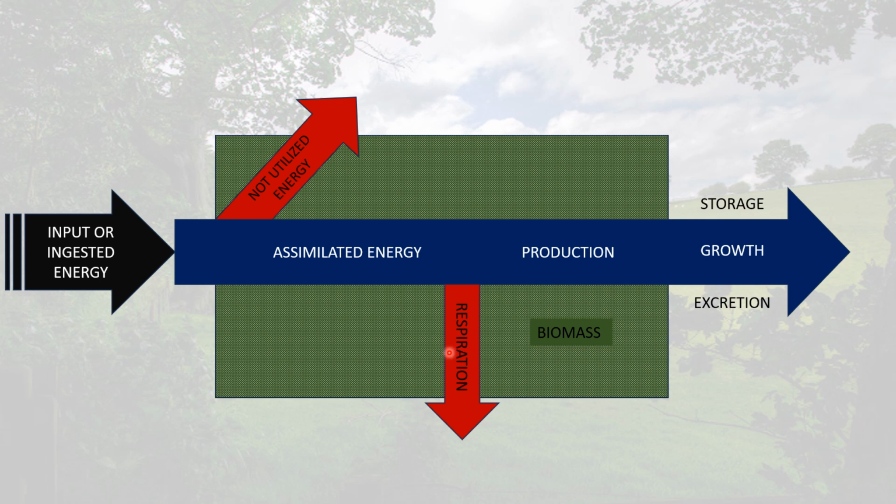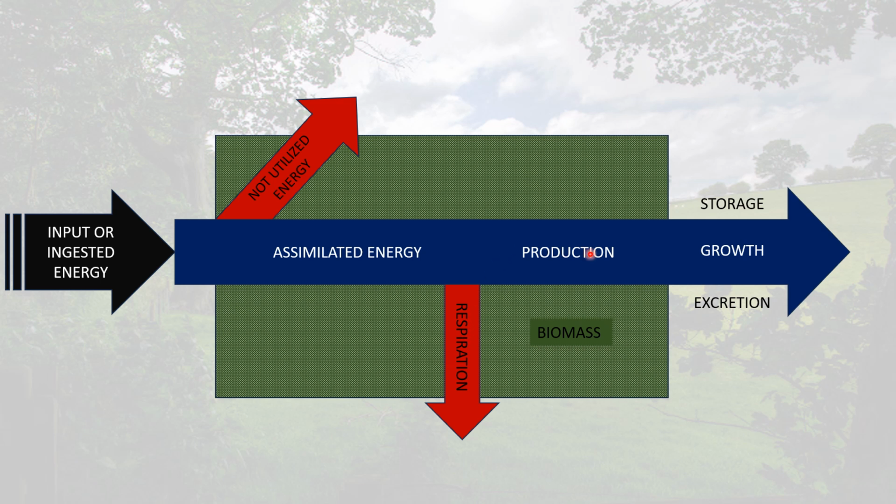The part of the fixed energy, that is the assimilated energy, which is burnt and lost as heat, is called respiration, which is also given out by the biomass. The part of the fixed energy which is transformed to new or different organic matter is the production. This is the net production in plants and secondary production in animals. And the ratio between production and respiration gives us the efficiency of assimilation.